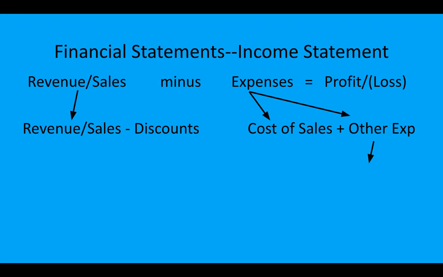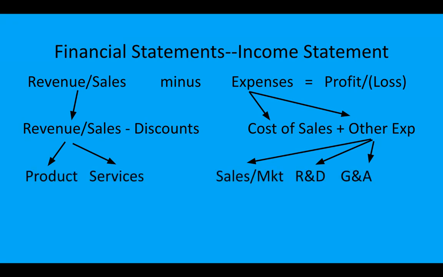There may also be different types of product lines. It depends upon how they break their things down. And then for the expenses, they usually go into two main categories. One is cost of sales or cost of goods sold, and the other is the other expenses. And a lot of times after the cost of sales, they will report something called gross margin.